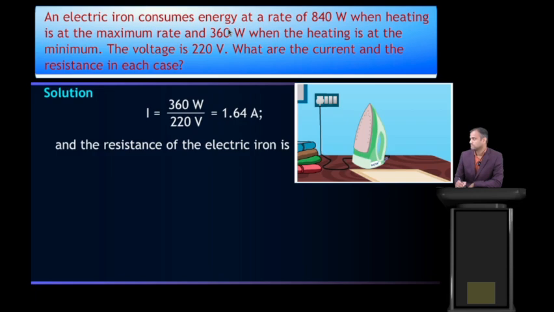Now for the resistance of the electric iron, from here you will use Ohm's law, R equals V over I. It is 220 over 1.64.